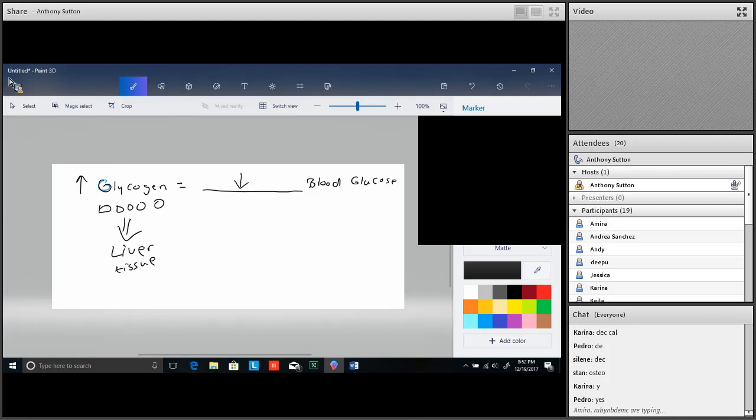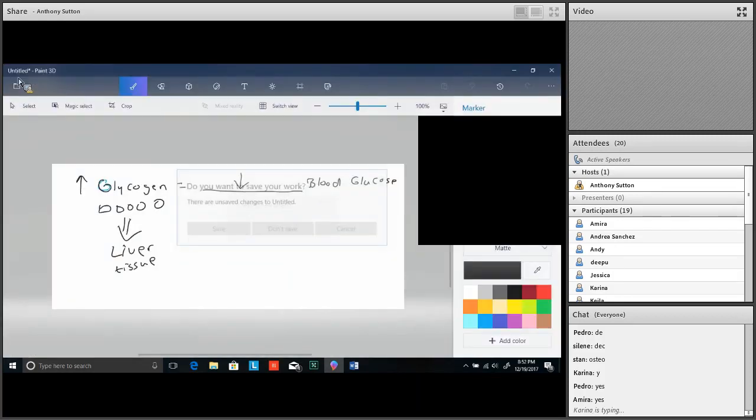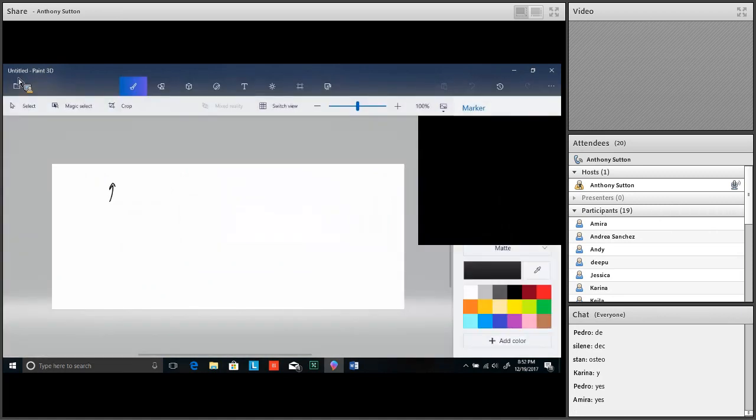Yes. Okay. All right. So now let's keep going. Let's make sure we understand this. So now, say for instance, we're increasing the glycogen, right? That makes sense, right? So we're storing the glycogen. So we're increasing glycogen, which means that we're decreasing blood glucose, right?